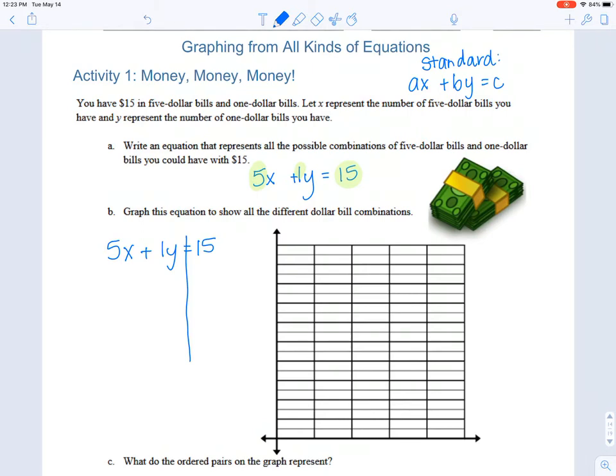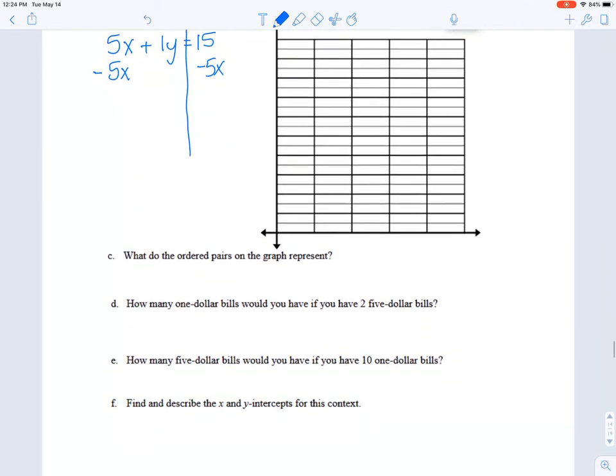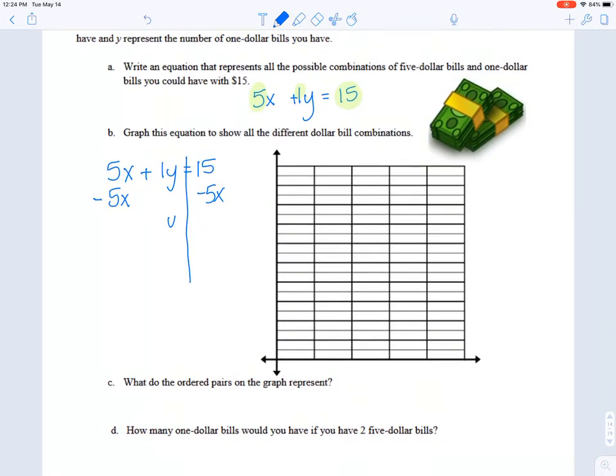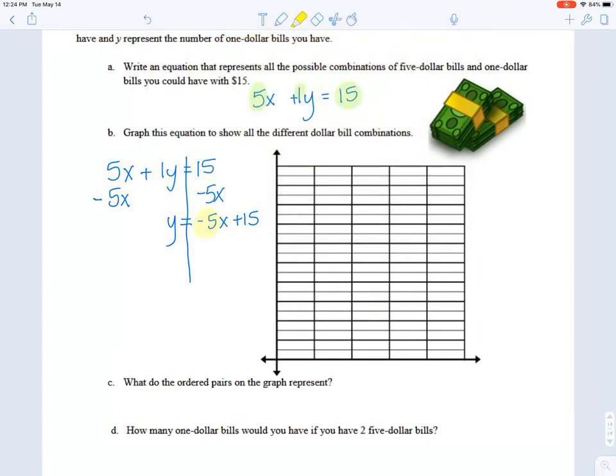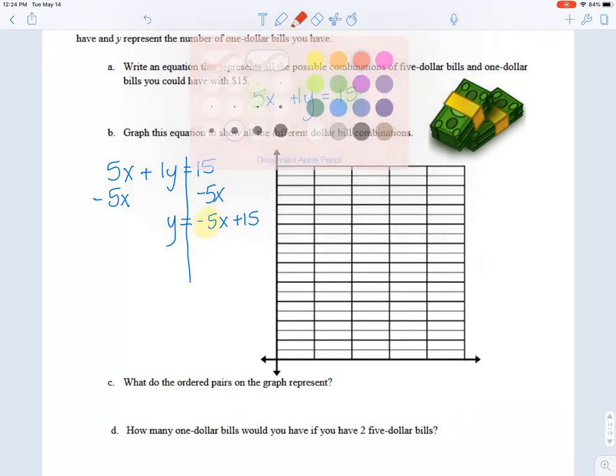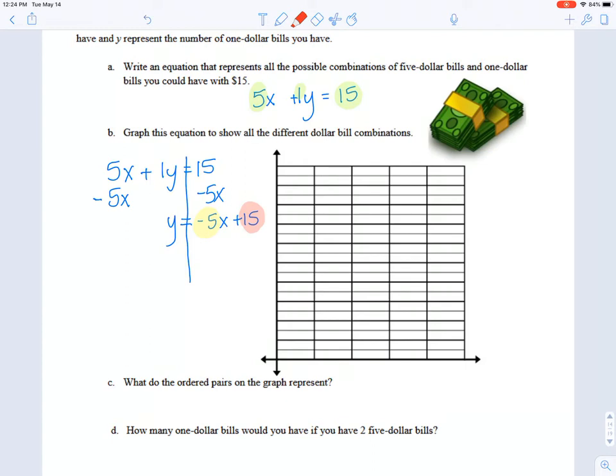So after converting, we should have subtracted 5x from both sides, and we get y equals negative 5x plus 15 as our final equation. In order to graph this, we know that our slope, which I'll put in yellow, is negative 5, and our y-intercept is 15.